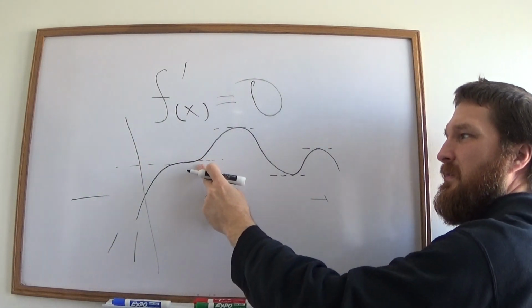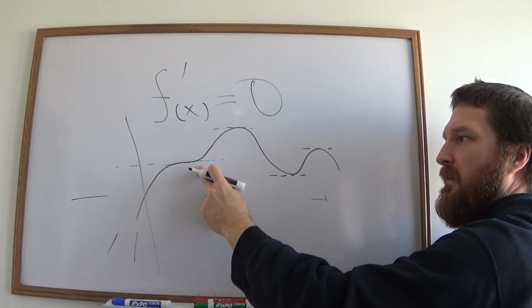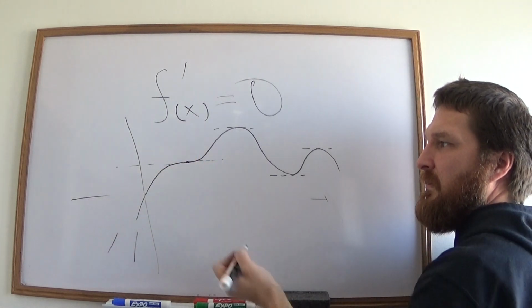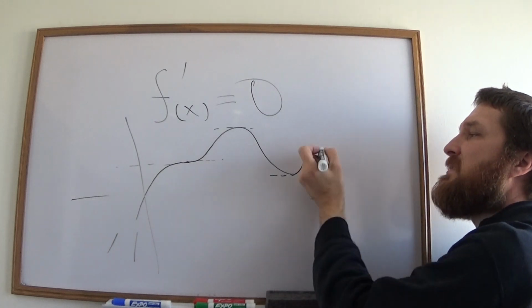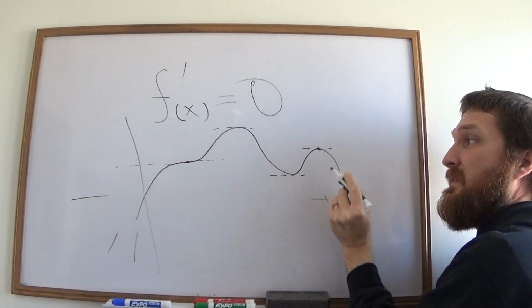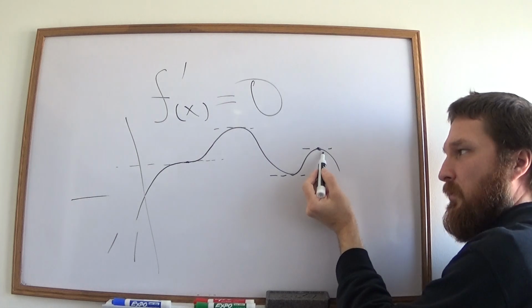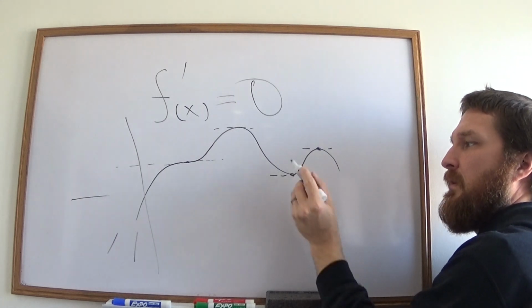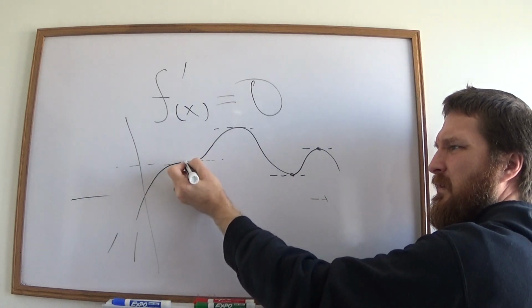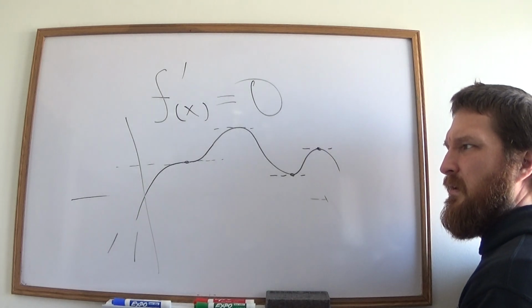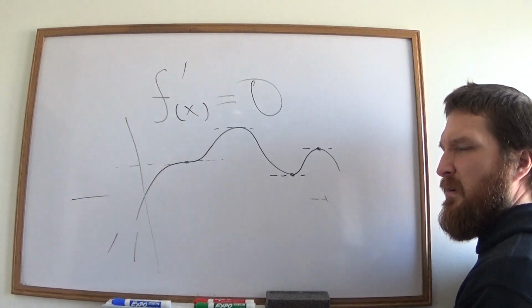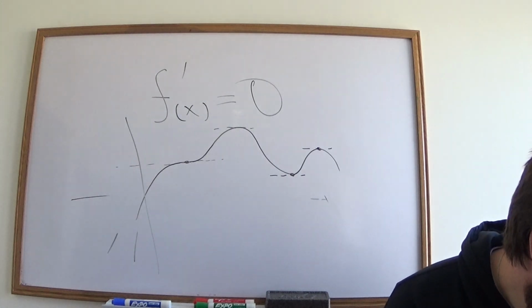What do we call those? A local maximum or minimum. So this is a local max, this is a local min.